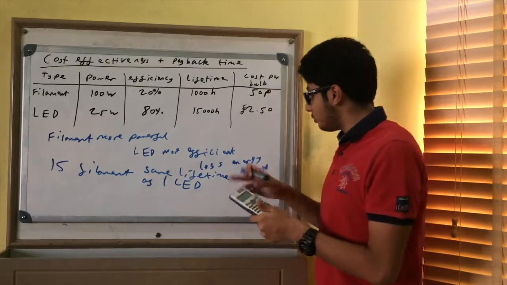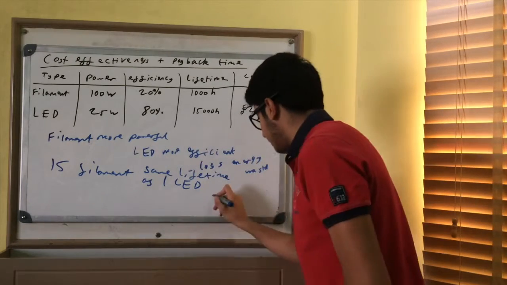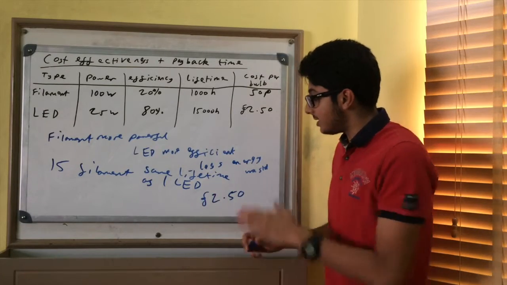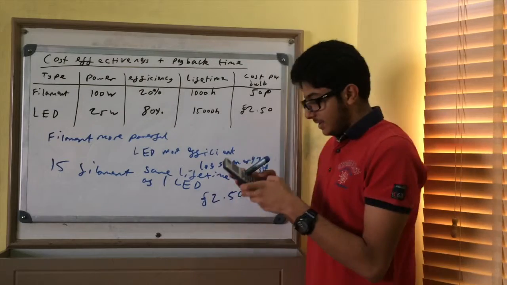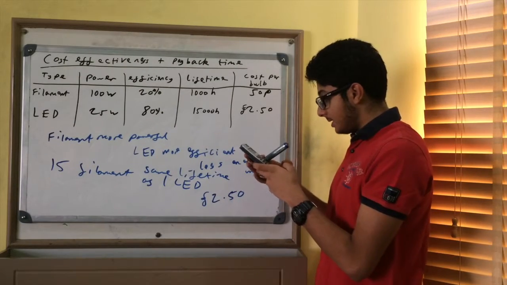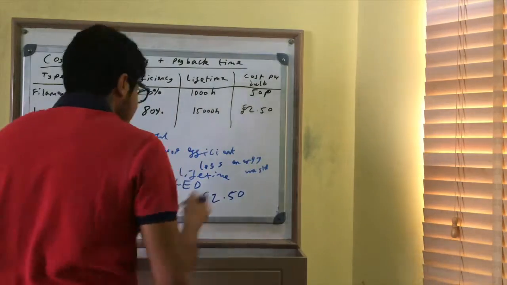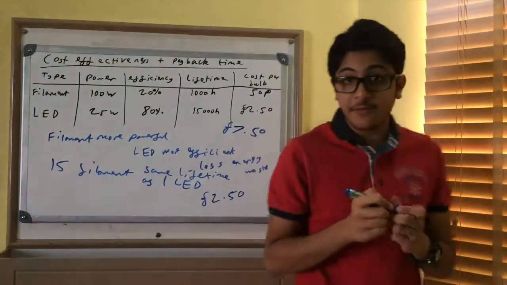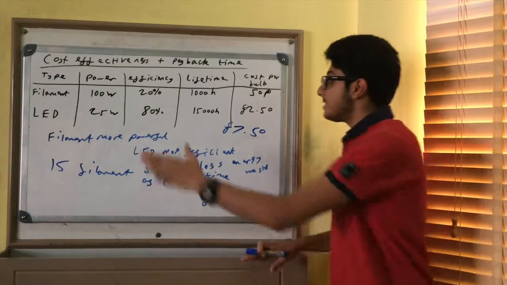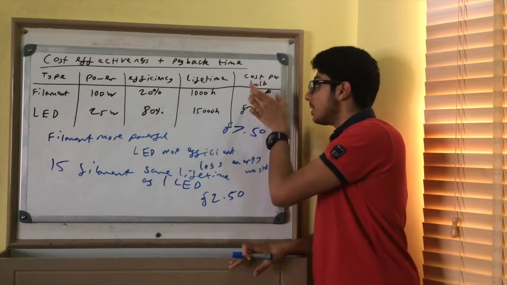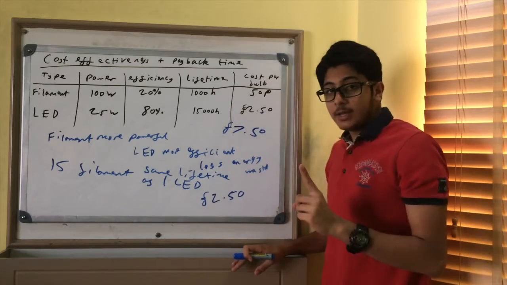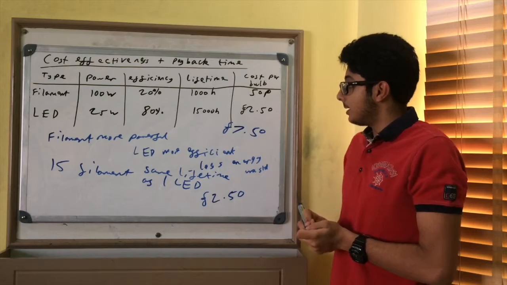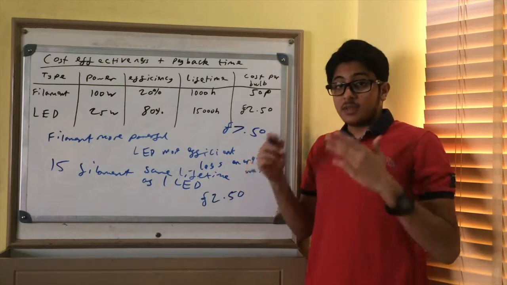If one LED costs you £2.50, and you need 15 filament bulbs to get the same lifetime, 15 multiplied by 50 pence gives you £7.50. So which one is more expensive in the long term? That's the filament bulb. Although it is very cheap for one, it's more expensive in the long term for cost effectiveness. And that should get you 6 marks if they give you 6 marks on this.